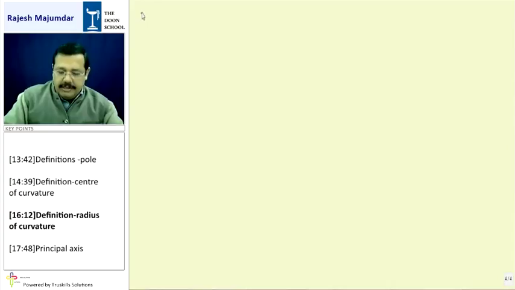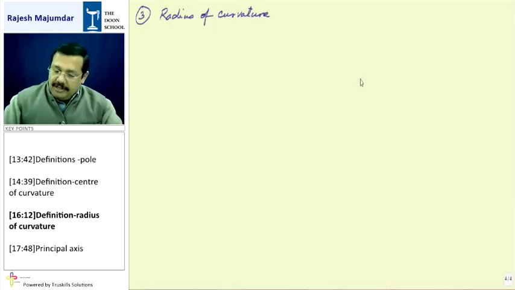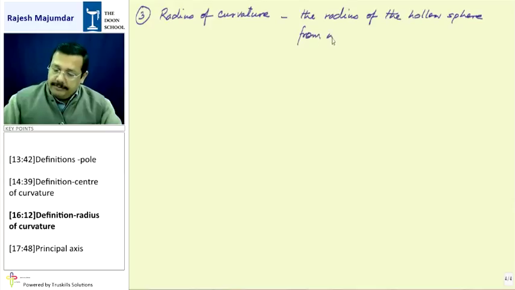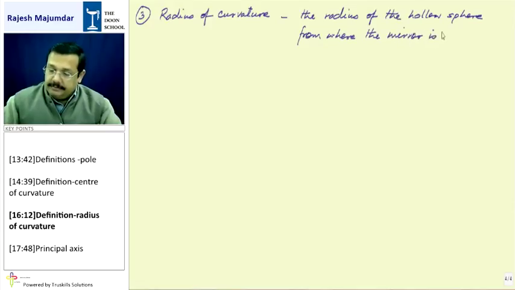Let us see other definitions. The third definition is radius of curvature. Radius of curvature is the radius of the hollow sphere from where the mirror is cut.